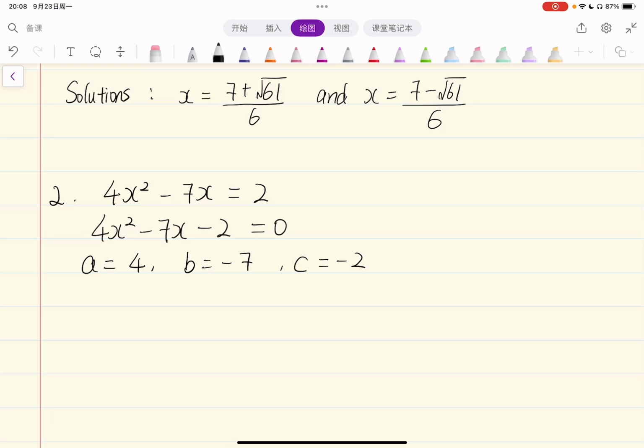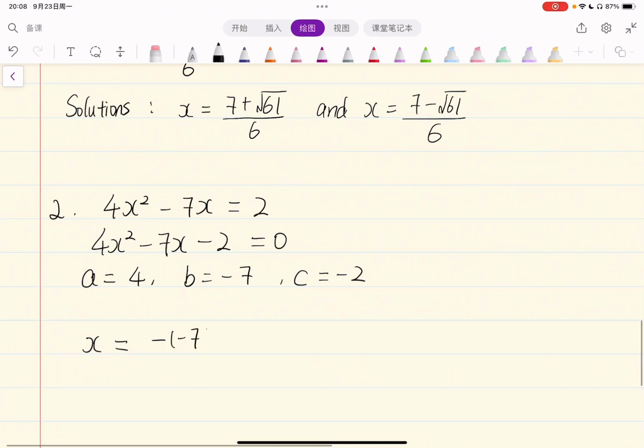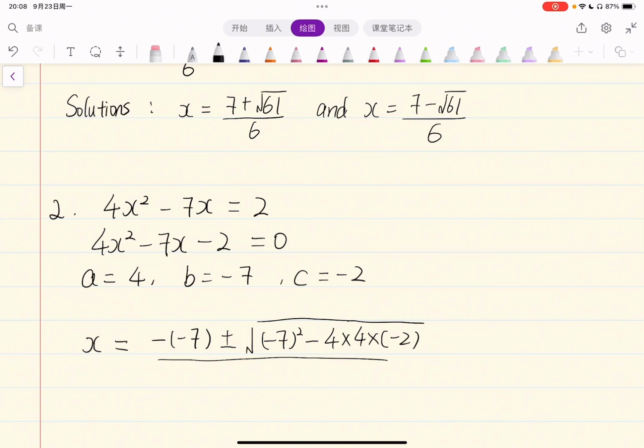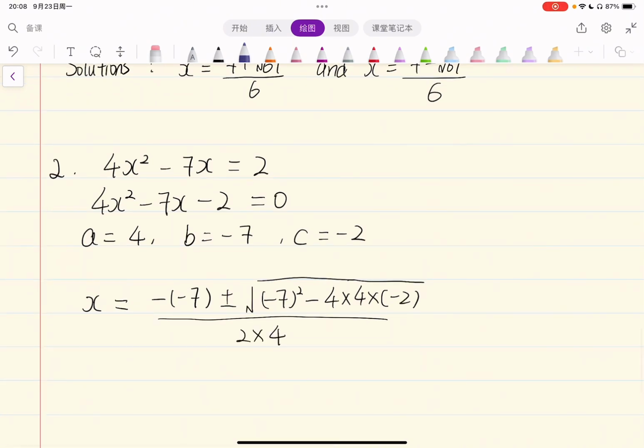And then we substitute a, b, c into the quadratic formula. We have x equal to -(-7) plus minus the square root of -7 squared minus 4 times 4 times -2, and then over 2 times 4. And let's have a quick check.